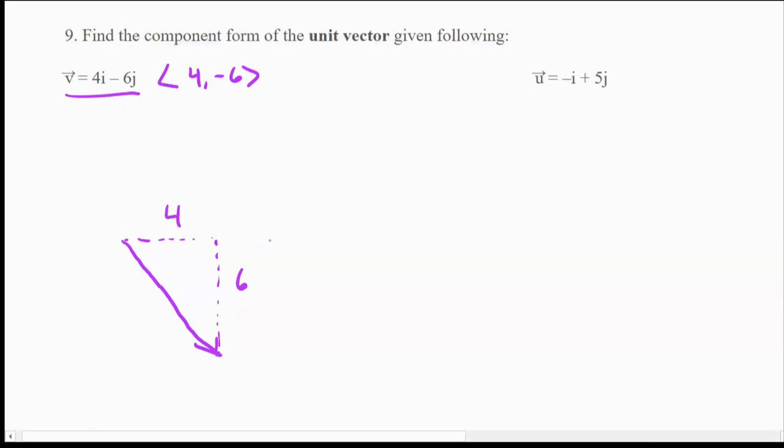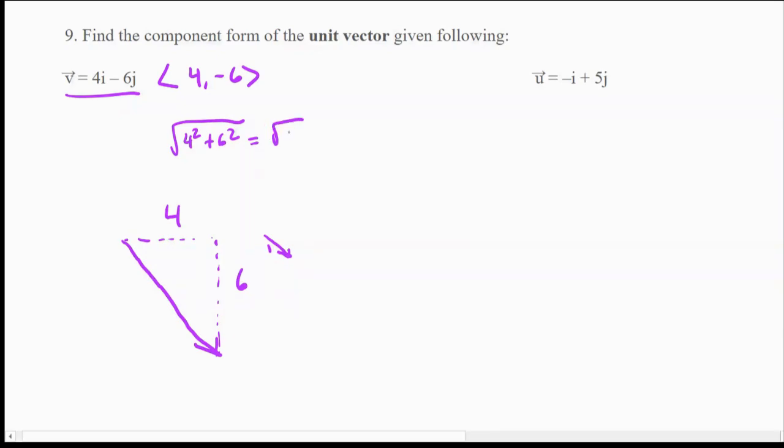To find the unit vector, I want the same direction, but just my magnitude to be 1. So the first thing I'm going to do here is find the magnitude of vector v. To do that, I'm just using the Pythagorean theorem. So 4 squared plus 6 squared equals the magnitude squared. So I'm going to square root that. Plug this in, 16 plus 36 is 52.